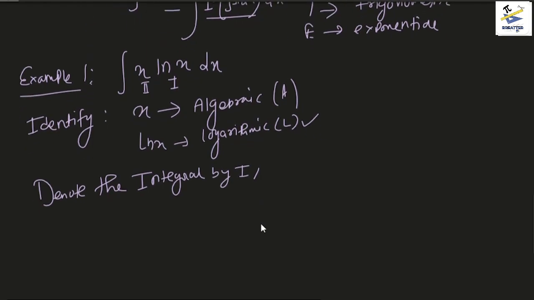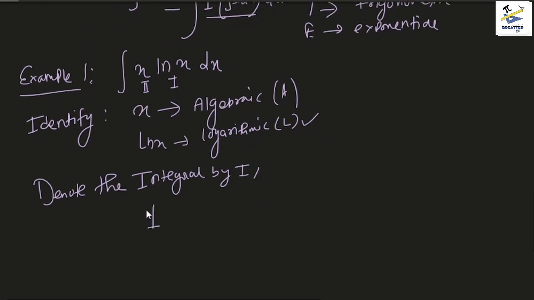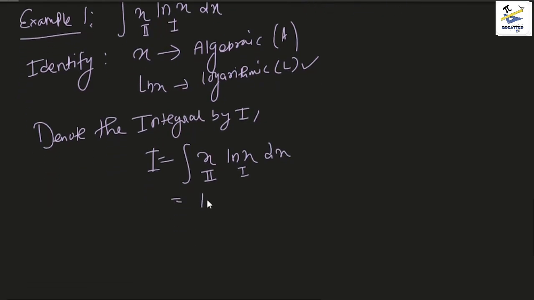I equals integral of x log x dx. Given that we are denoting log x as the first function and x as the second function, we have first function into integral of second function, minus integral of derivative of first function, which is just 1 by x, into integral of second function, and the integral of the whole thing, right?